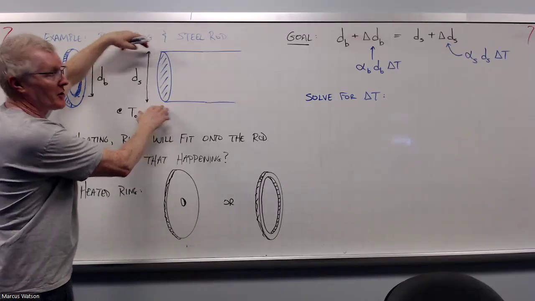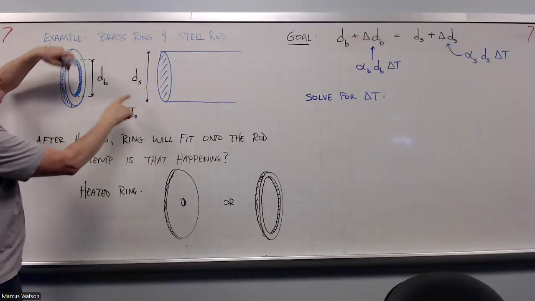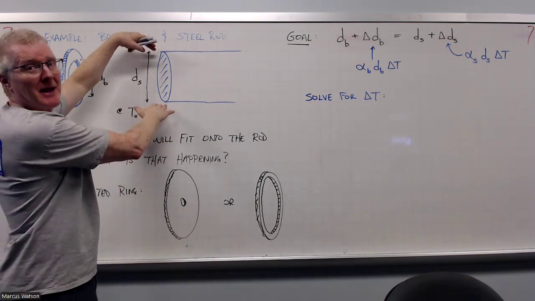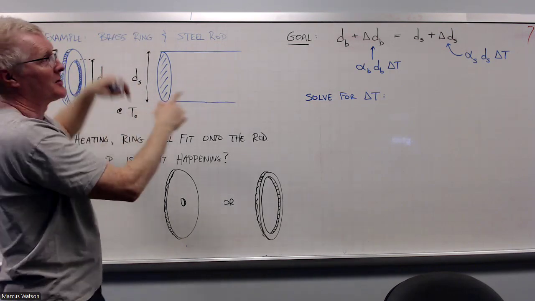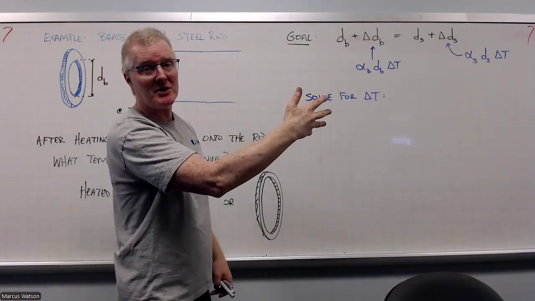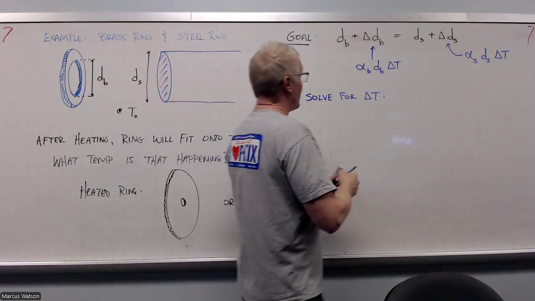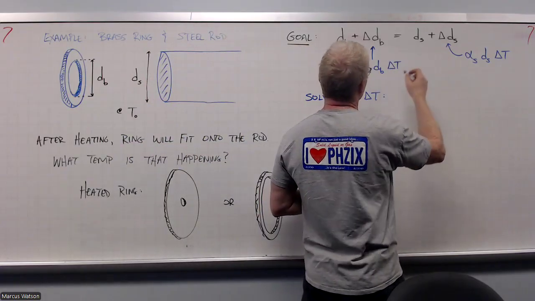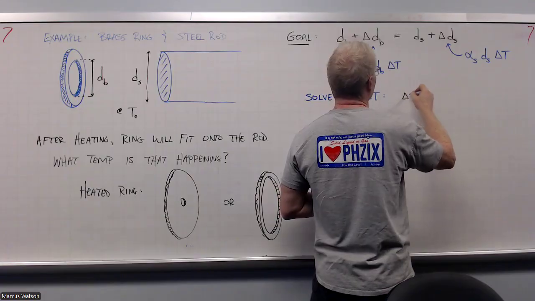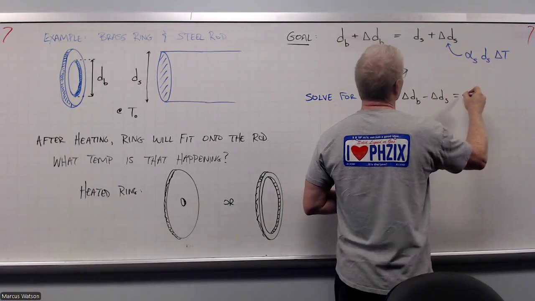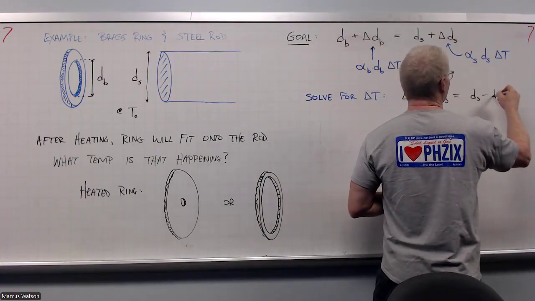Because this thing is bigger than the inner diameter, so dS minus dB should be positive, which means this doesn't need to expand quite as much as this does, so therefore delta dB should be larger than delta dS. All right, so what I have then is delta dB minus delta dS equaling dS minus dB.